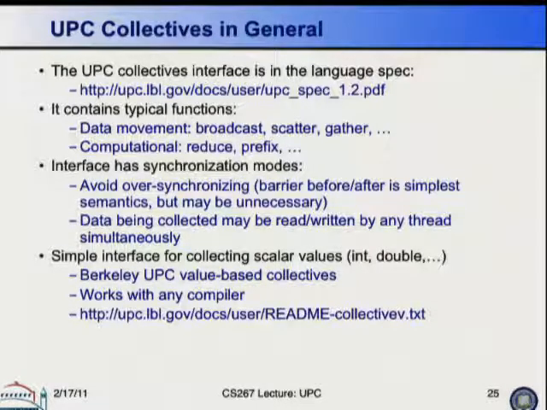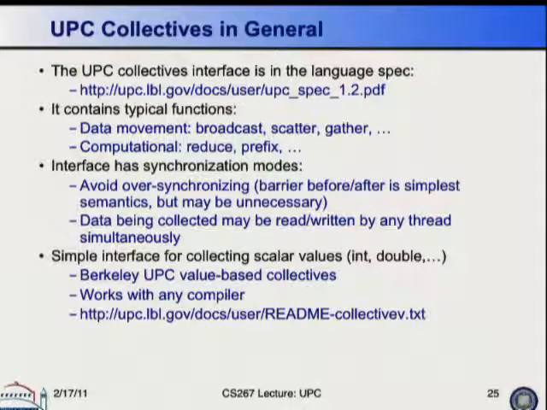One way you can avoid this problem is, in the implementation of the collectives, to put a barrier at the beginning and a barrier at the end. It will be completely clear that every thread is at the same point in the program, and it will make it easier to implement the collective operations. But that slows things down a lot, to have two barriers every time you do a collective.